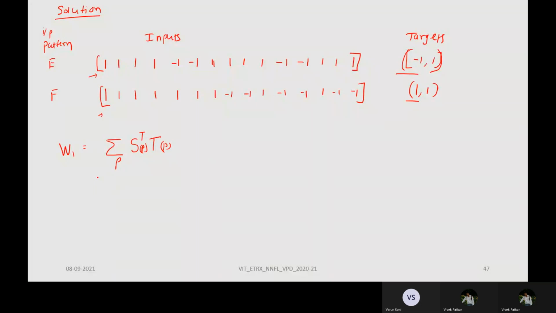You get S1 transpose into T1 plus S2 transpose into T2, correct? Can you do this for me? Yes, sir, just a minute, I'll solve it.